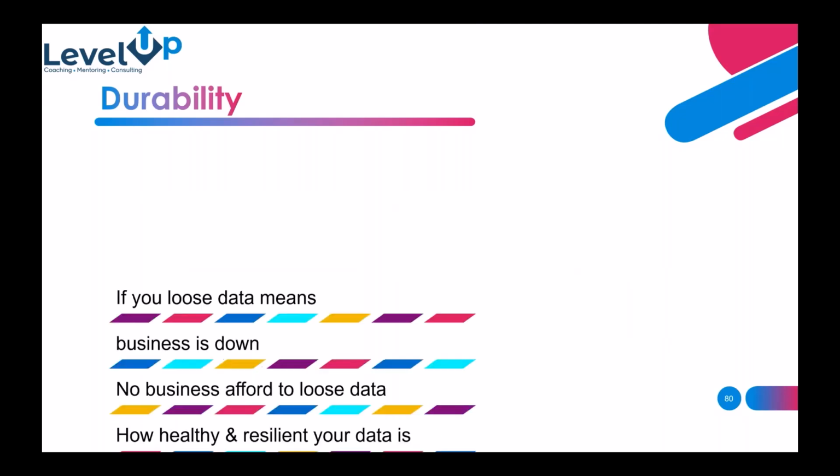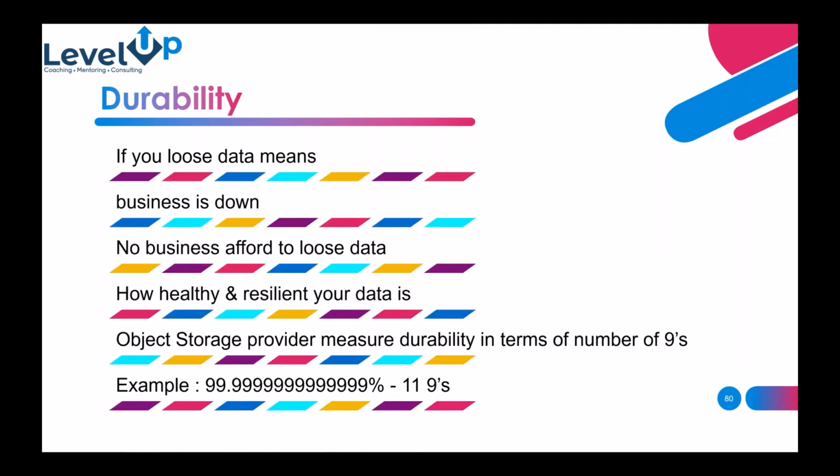Same thing I've explained. Now, what is durability? Durability means if you lose data, business is down, right? No business can afford to lose any data. Now, how healthy and resilient is the data provided? GCP gives 99.999999999%, 11 nines.